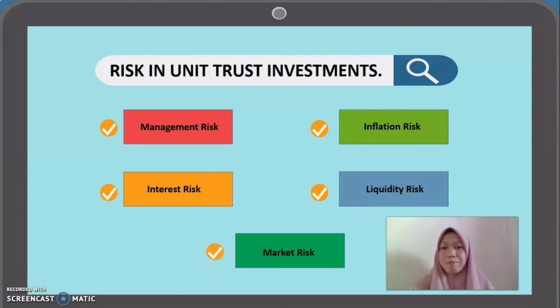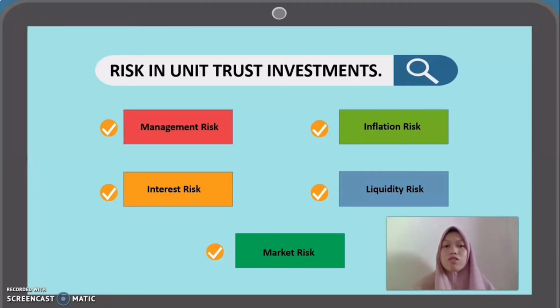Lastly, market risk. As we know, in the investment world, it depends on the economic situation in the country, regional or international, as well as government policy or political development. Market volatility and the internal fluctuation in the market arising from this can affect each unit invested, either falling or rising in the market price.